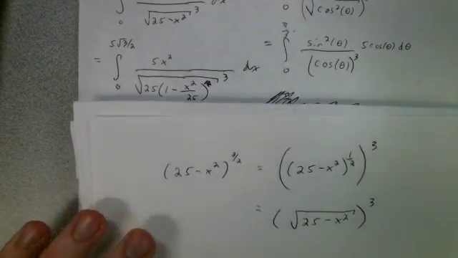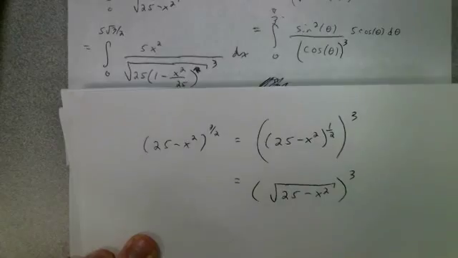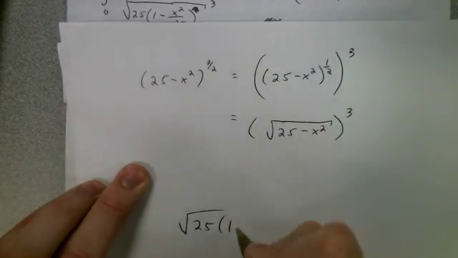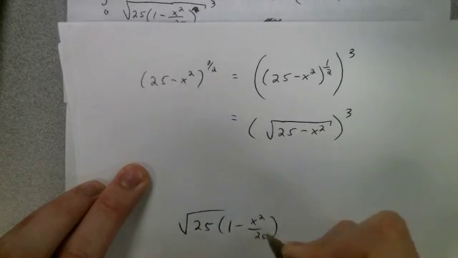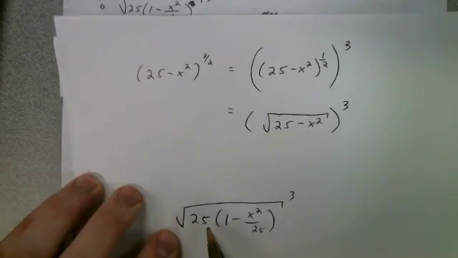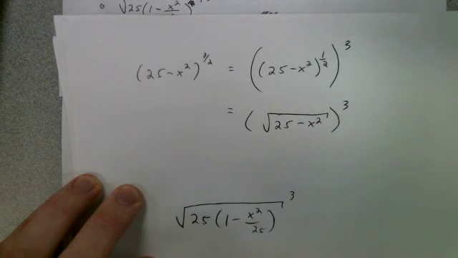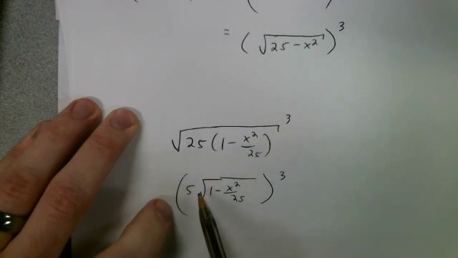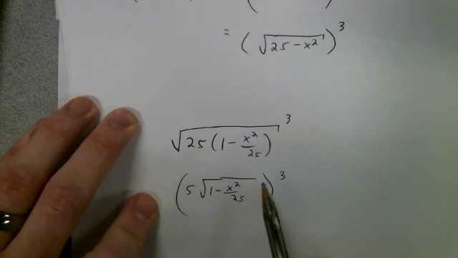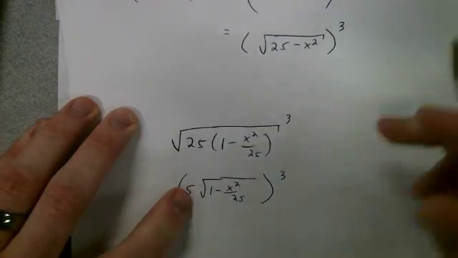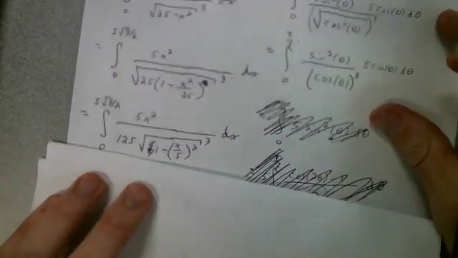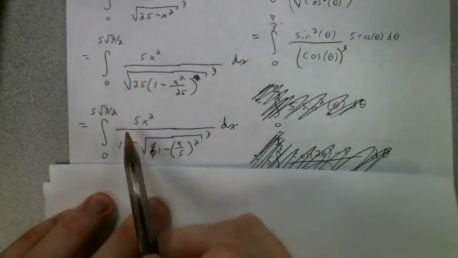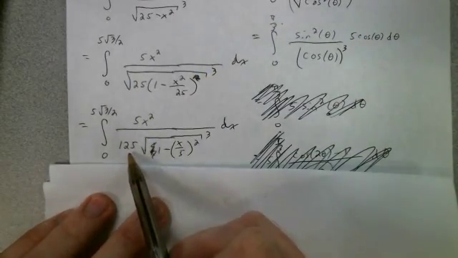So if I have the square root of 25 times 1 minus x squared over 25, and I'm cubing it, if I take the square root of that 25 and say it's 5, then I still have this whole thing being cubed. 5 cubed is actually 125.